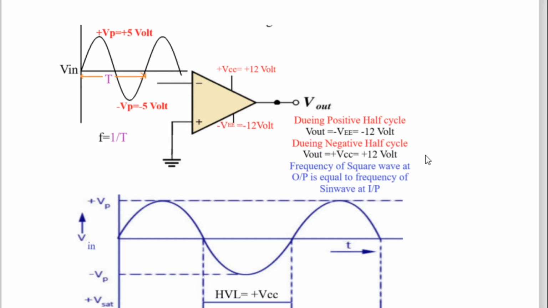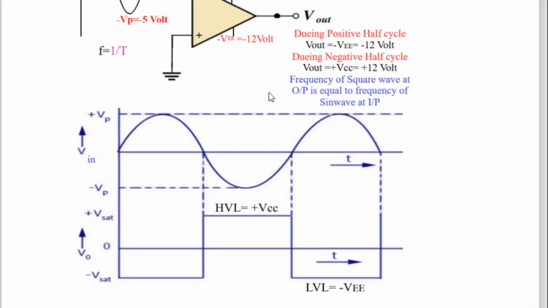Therefore, the output will be at HVL. So here it is written, during the negative half cycle, Vout is equal to plus VCC, equal to plus 12 volt. And in this way, at the output you will get what wave? Square wave only. At the output you will get a square wave because the op-amp is used as a comparator. It will produce either HVL or LVL.